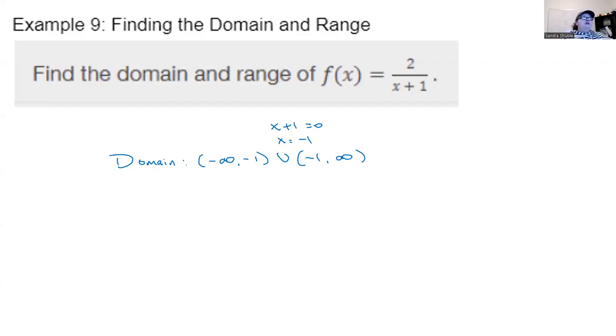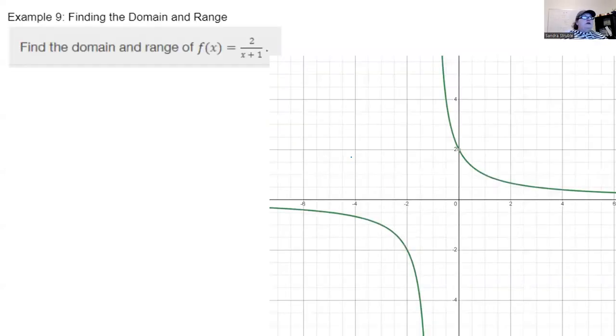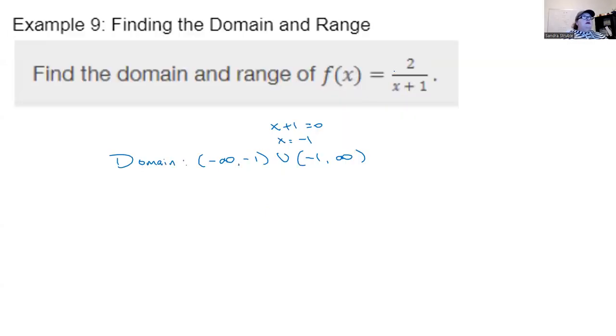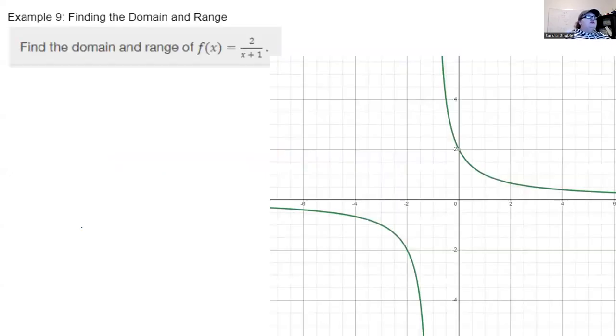Because -1 is the only number that you can't plug into this, 0 is the only thing you'll never get out. And I don't know if I drew this graph on this next one. Let me see. Oh yeah, I provided it. So let's look at the range again. Because this fraction will never be 0, the range will be the same. And I'll show you when we go to this next slide here. The range is going to be from -infinity to 0, or from 0 to +infinity.